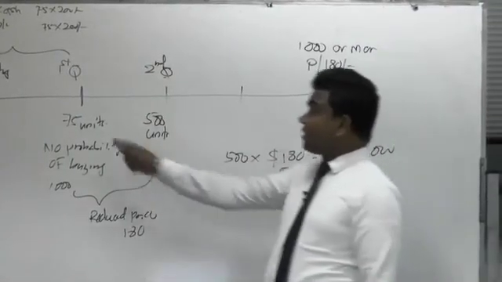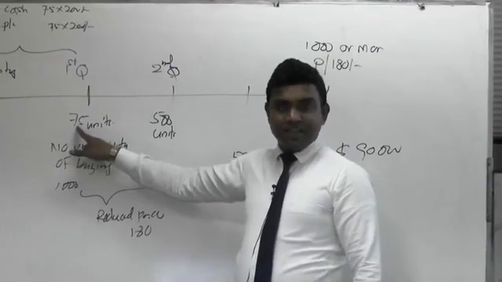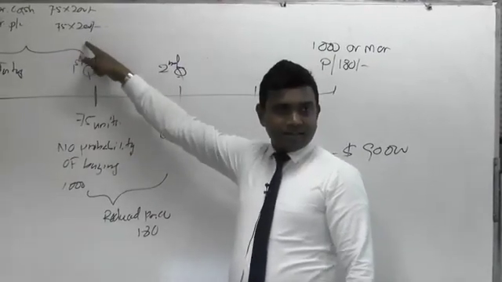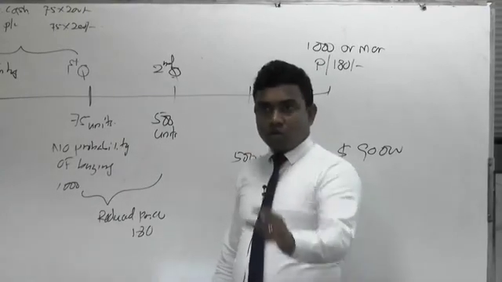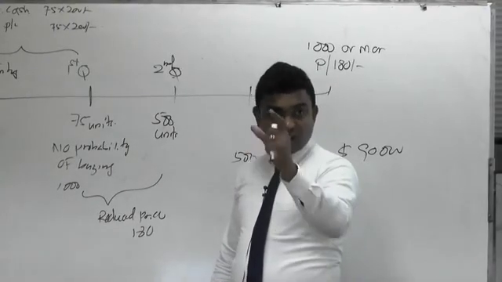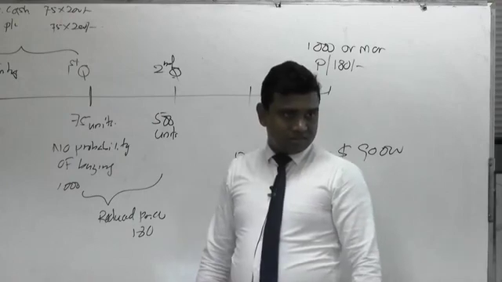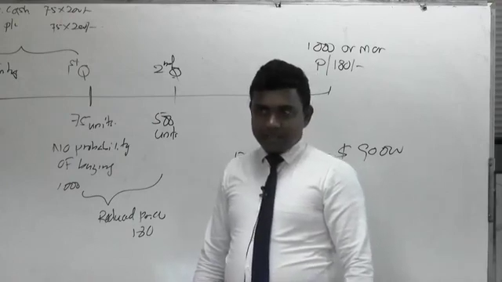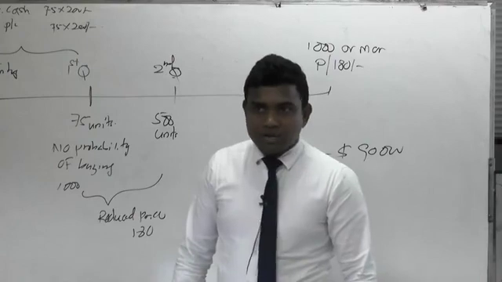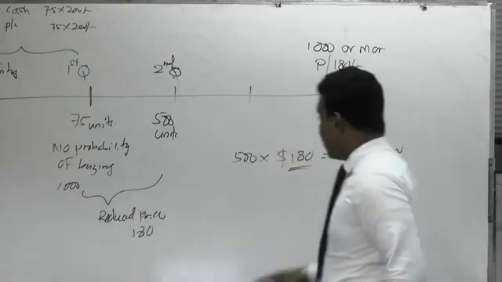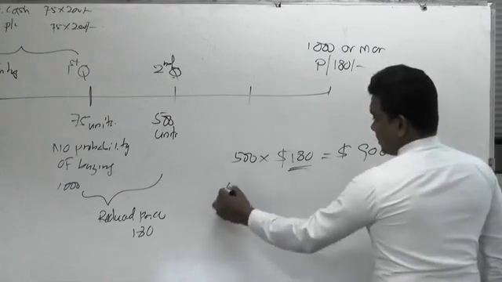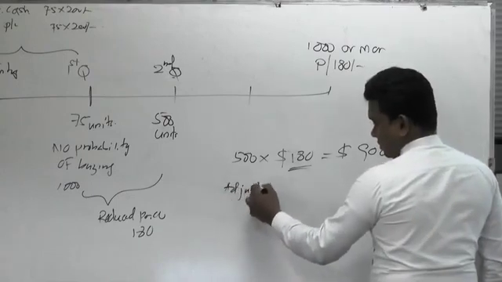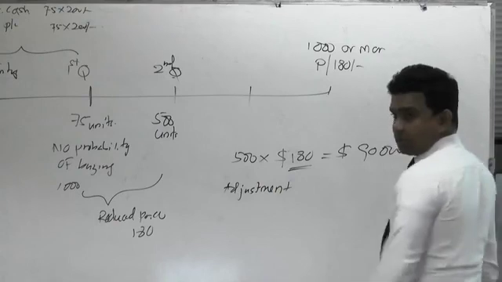But these 75 were sold at 200. That means for these 75 you have charged $20 more. Is that clear? Can you repay them? You can't repay, but you can reduce it from this price. Therefore, retrospective adjustment.